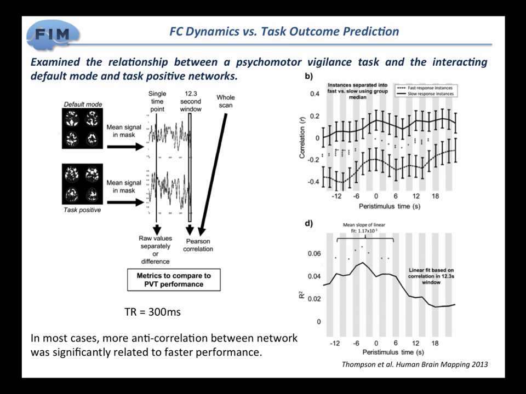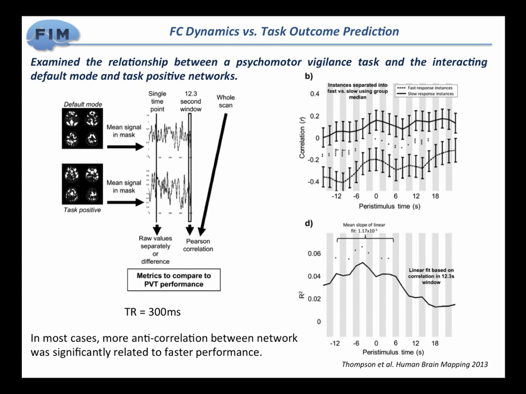To do that, because they really wanted to have very fine-grained temporal resolution, they acquired, I think, only 4 slices at the right angle to cover enough nodes of these two networks, and that allowed them to have a very good TR. And then they computed these very detailed traces of correlation between these two networks.